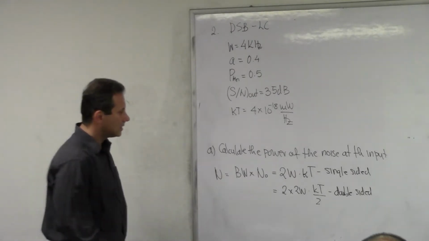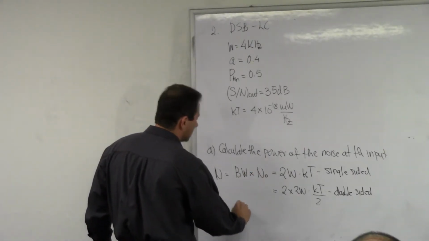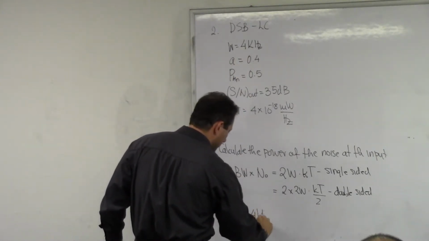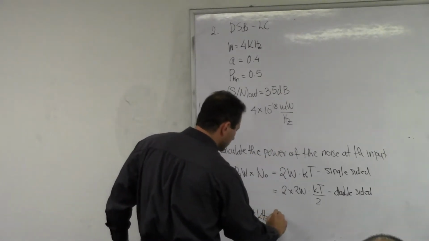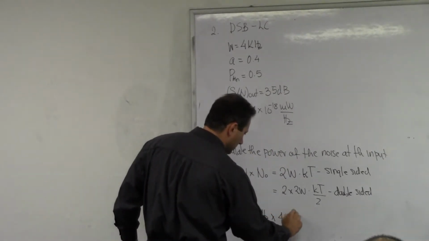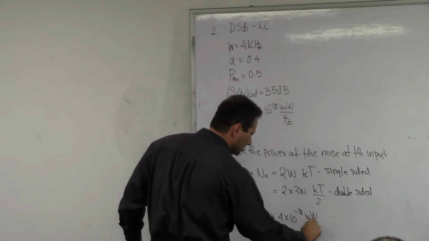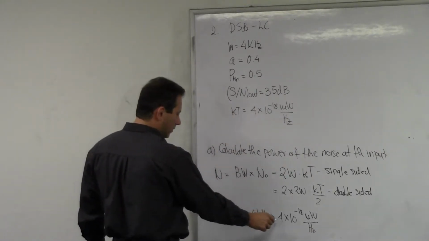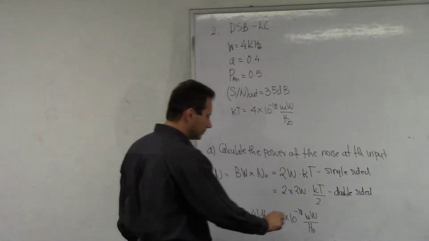So that's the formula. And here I have 2 times my bandwidth, which is 4 kilohertz, times the power spectral density, KT, which is 4 times 10 to the minus 18 milliwatts per hertz. So 4 times 4 is 16, times 2 is 32.